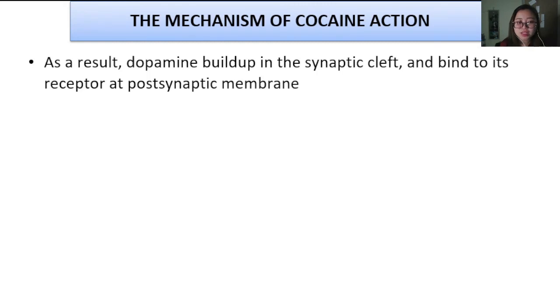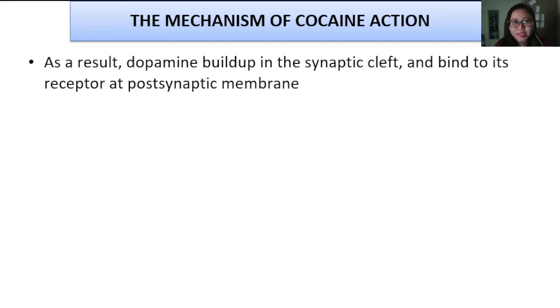As a result, the dopamine build-up will occur in the synaptic cleft and it will bind to its receptor at the postsynaptic membrane. Kalau tukang recycle itu tidak datang untuk ambil dopamine, sekarang kita ada berlebihan dopamine dalam synaptic cleft.